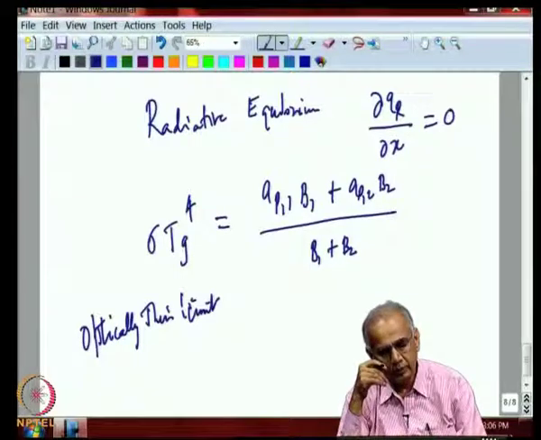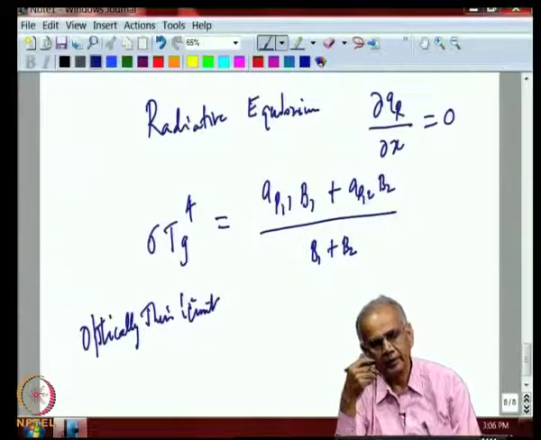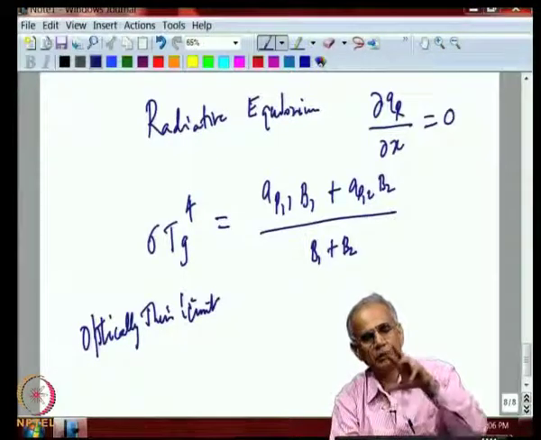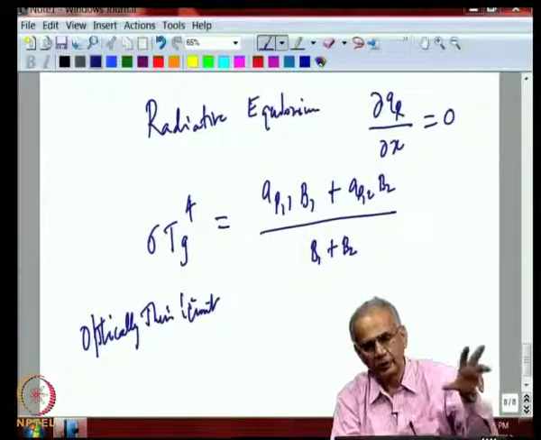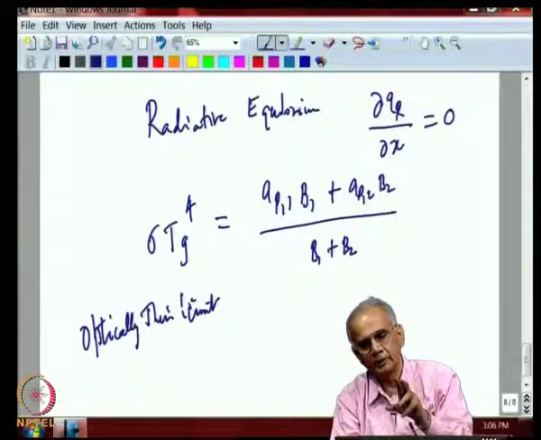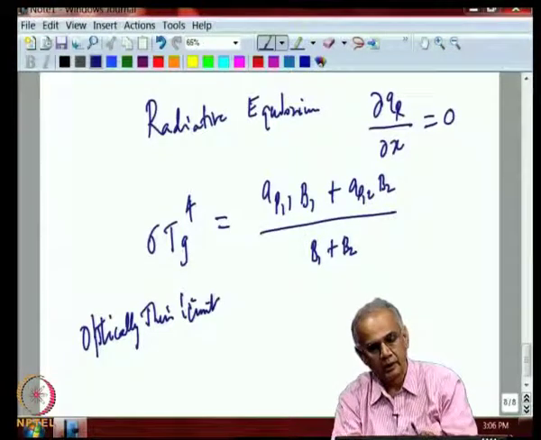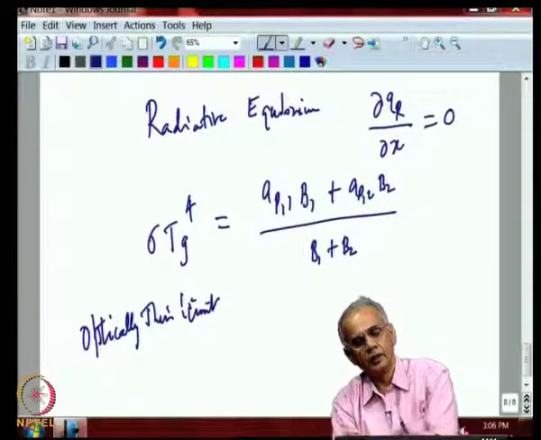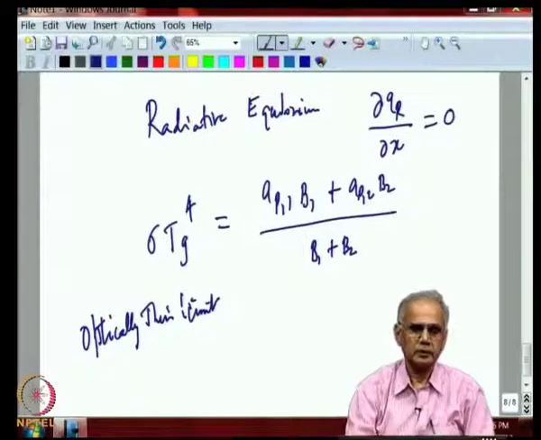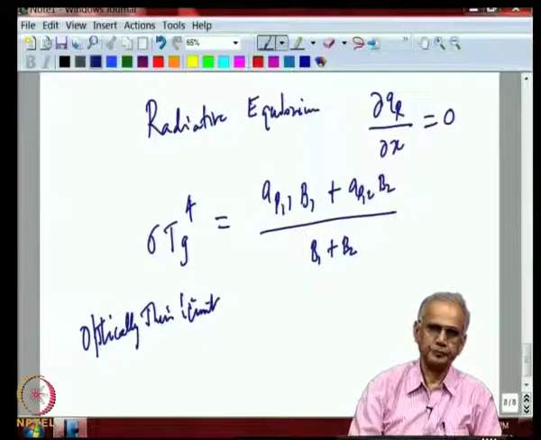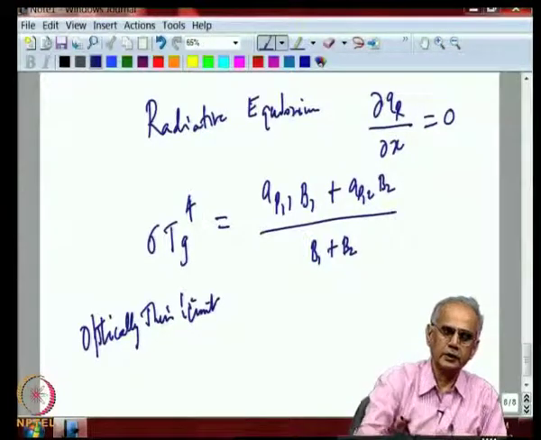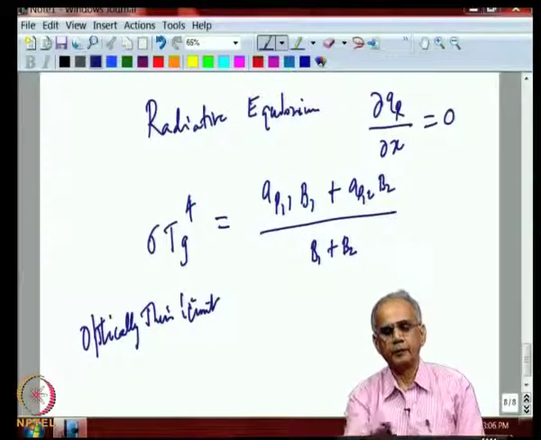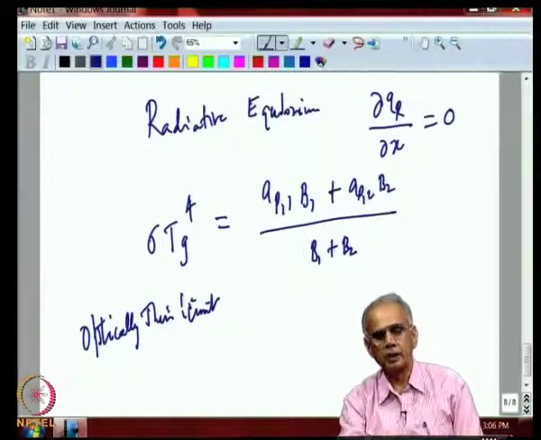So, people would like to invoke the thin approximation, so that instead of dealing with a full integral equation, you deal with a simple equation, it's all algebraic. Now, if you look at the radiative equilibrium condition, you can get the temperature. So, computing this is fairly straightforward, and values of the Planck mean absorption coefficient are tabulated.